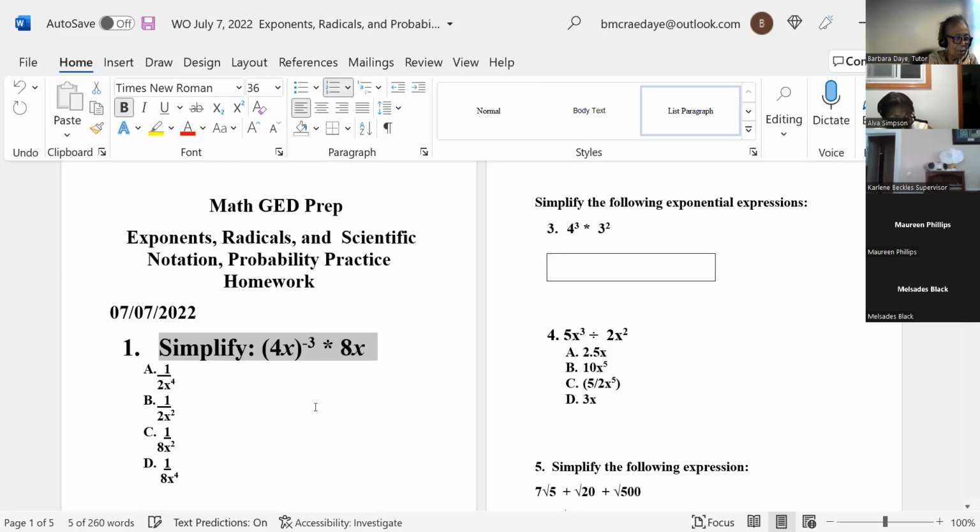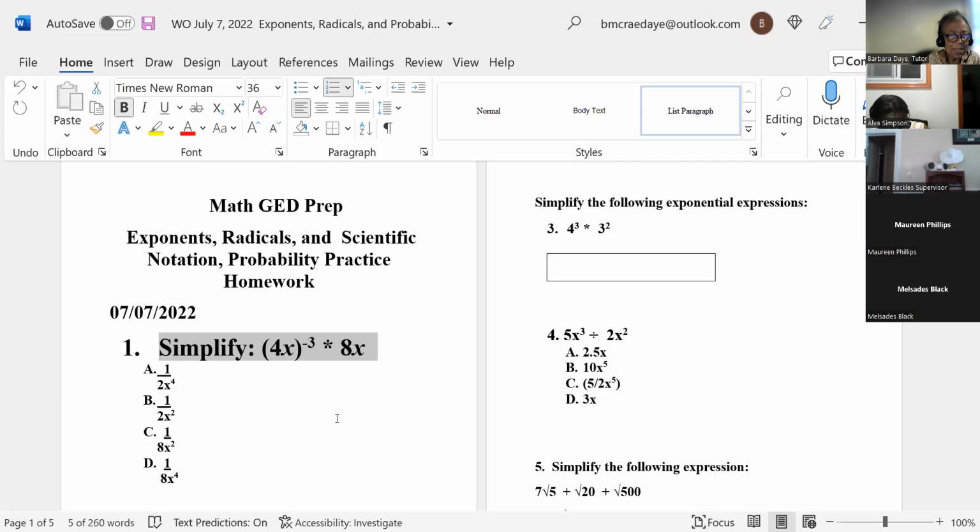Let me make that bigger. You didn't see the minus 3. Did you see it when you did the problem? I'm wondering if that's why you didn't get it right. Okay. Simplify the expression 4x to the minus 3 power times 8x.